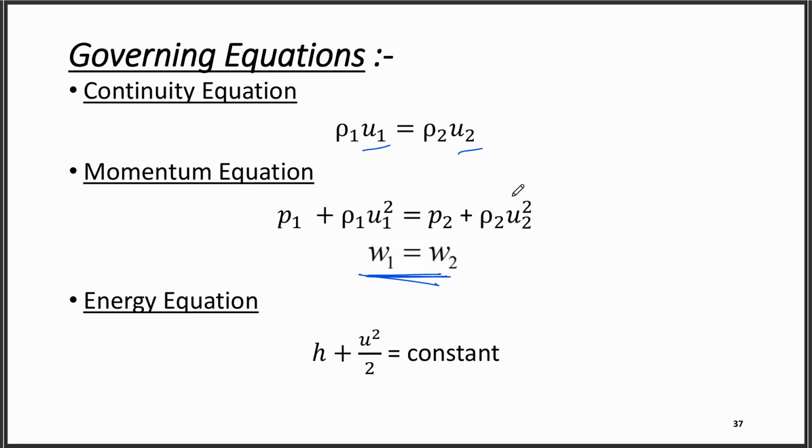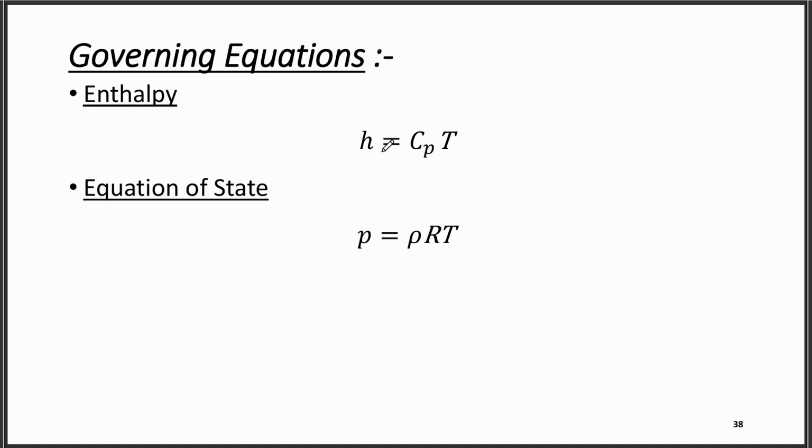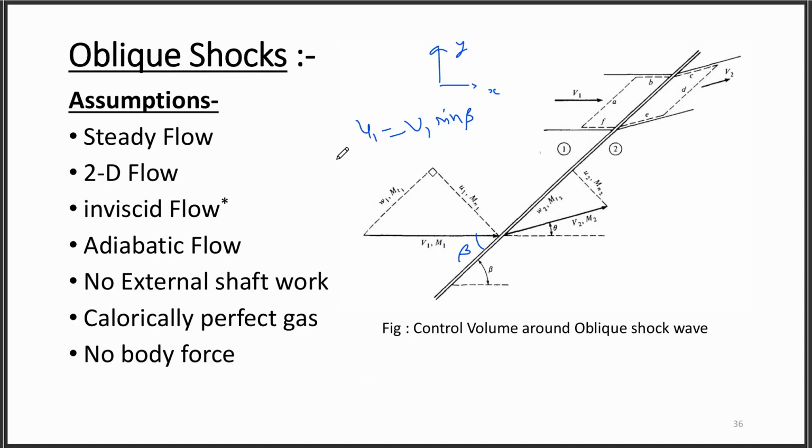So first, this Mn1 uses this component u1. So how is u1 given? This angle is beta. So u1 normal is nothing but u1 sin beta. And if we write it in terms of Mach number, this Mn1 will be equal to M1 sin beta.